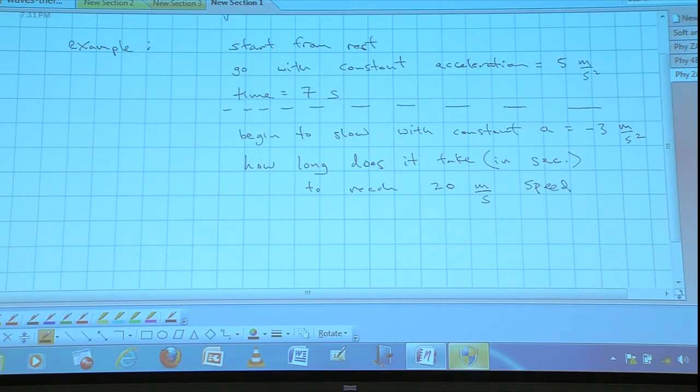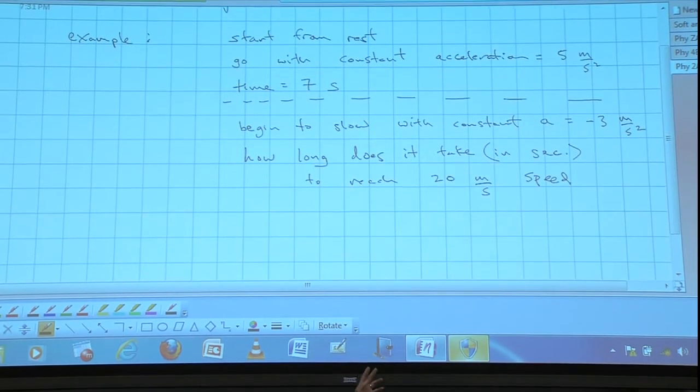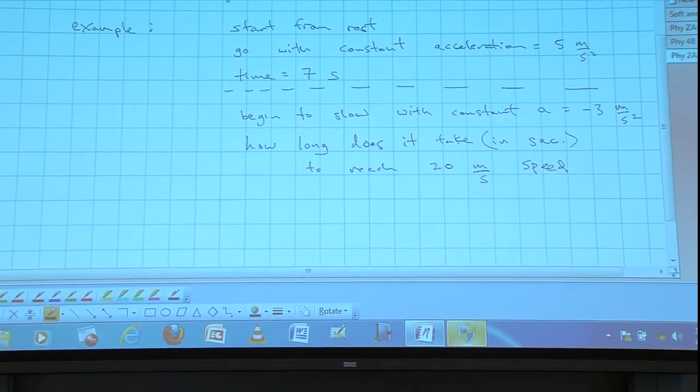The car starts out, accelerates. Pretty soon it's going above 20 meters per second. Then it accelerates at a different rate, this time slowing down for a certain amount of time until it gets to the speed limit. All right, so how would we do this problem?